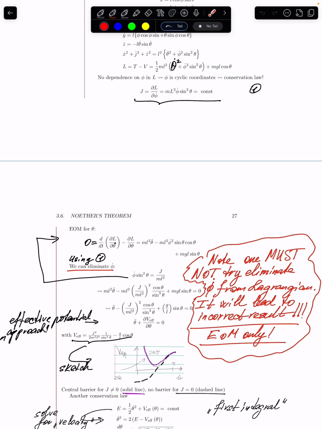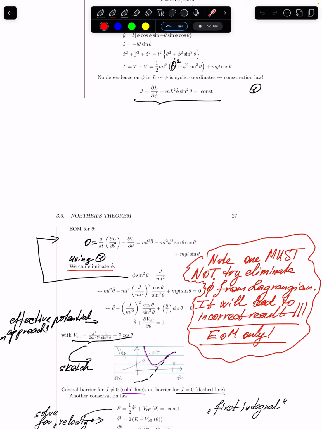Now we see that this is a pretty complex equation. It has phi dot squared, it has theta double dot. How can we simplify it? We can actually use equation number 1 to express phi dot in terms of this constant J, and divide by sine squared and other coefficients.